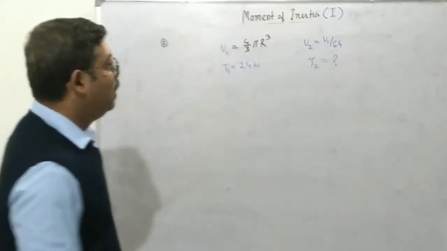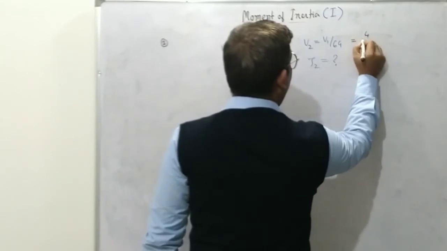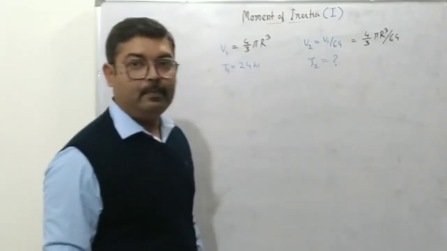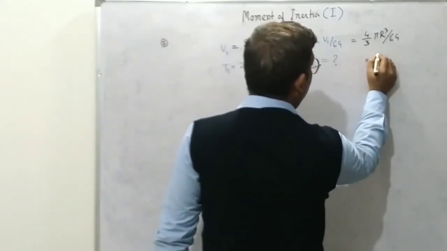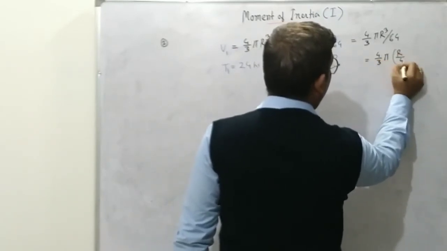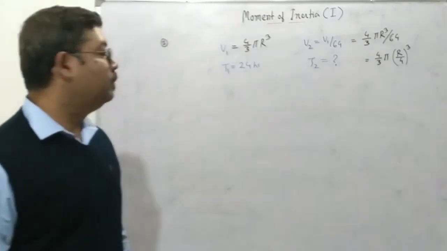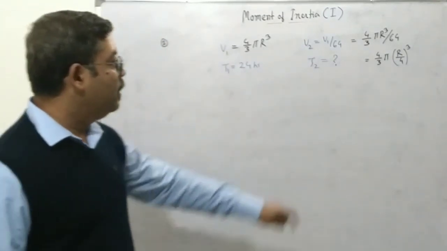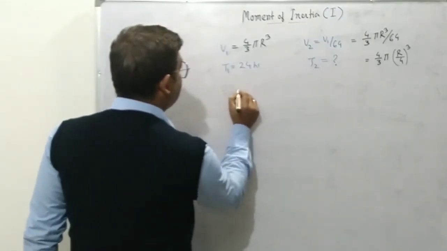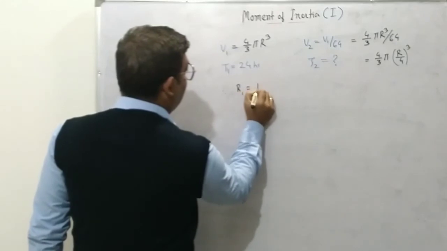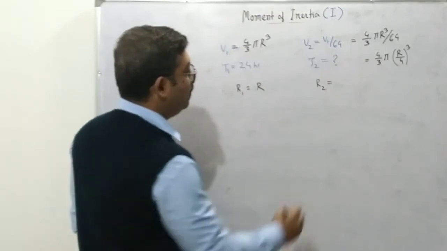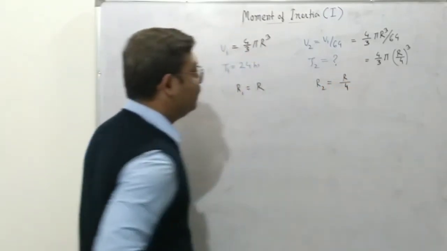So V2 will be 4 by 3 pi r cube by 64, which is equal to 4 by 3 pi (r by 4) whole cube, since 4 cube is 64. Therefore, if R1 equals R, then R2 will be R divided by 4.